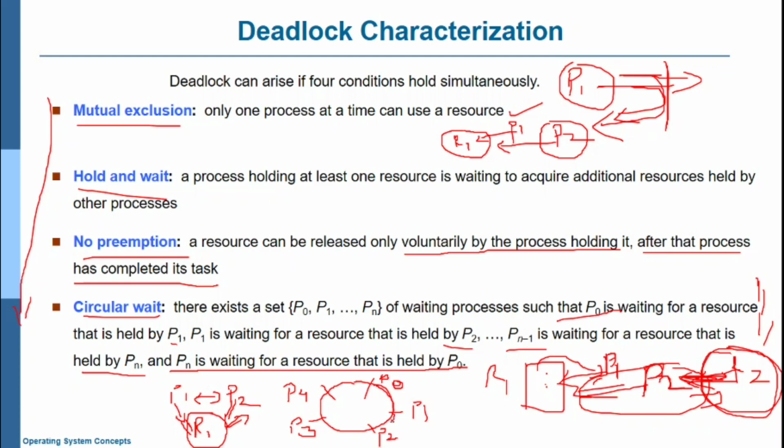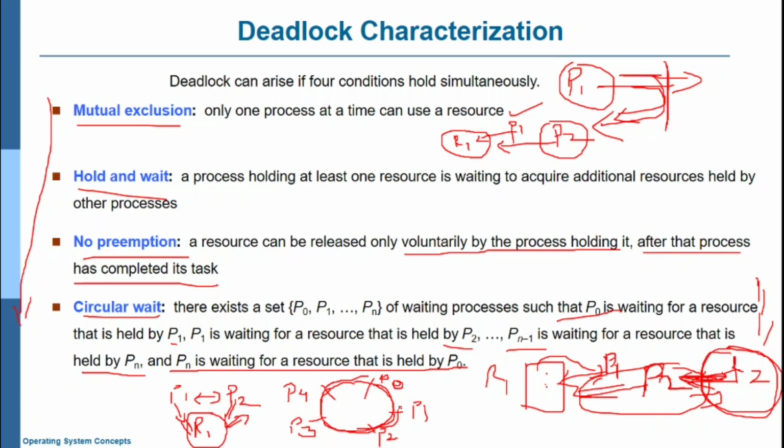P1 is waiting for the resource which is held by P2. P2 is waiting for the resource which is held by P3, and P3 is waiting for the resource which is held by P4, and P4 is waiting for the resource which is held by P0. Circular wait. So this is circular wait.